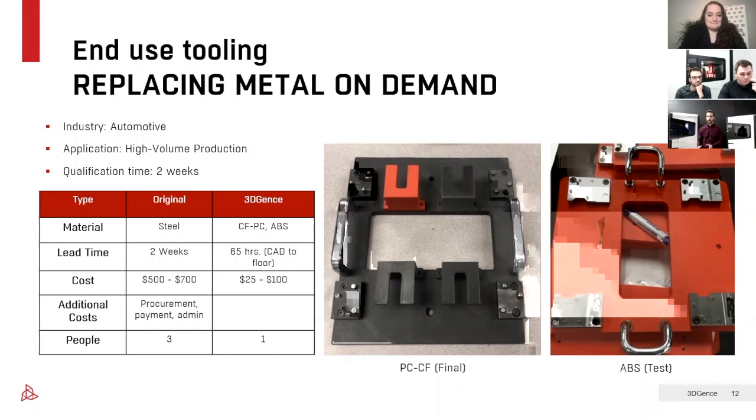At the beginning, they chose the industrial grade ABS for the fit and form, and they checked this. They were able to produce these parts with functional threading to assemble this and check on the production line. And after that, they produced the final part in polycarbonate with carbon fiber reinforcement, which right now serves really well on the production floor. You can go to the next slide.